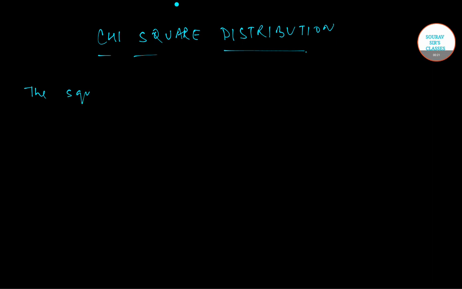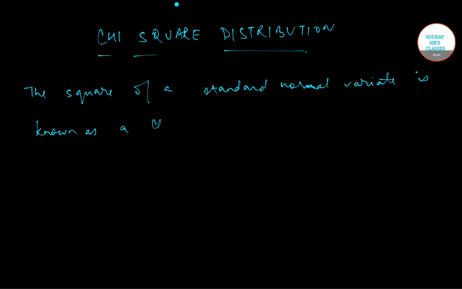The square of a standard normal variate is known as a chi-square variate with 1 degree of freedom.